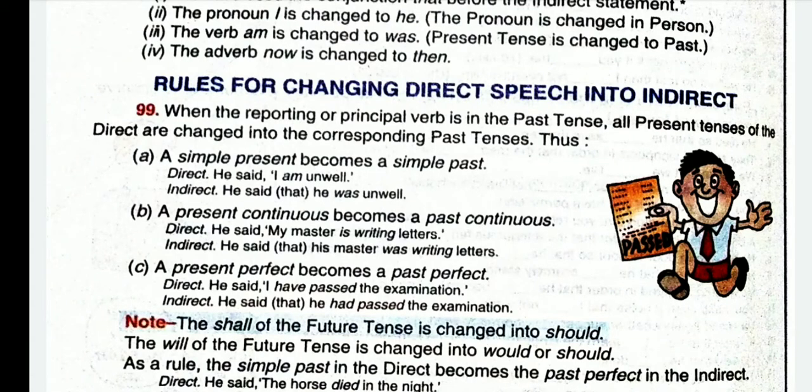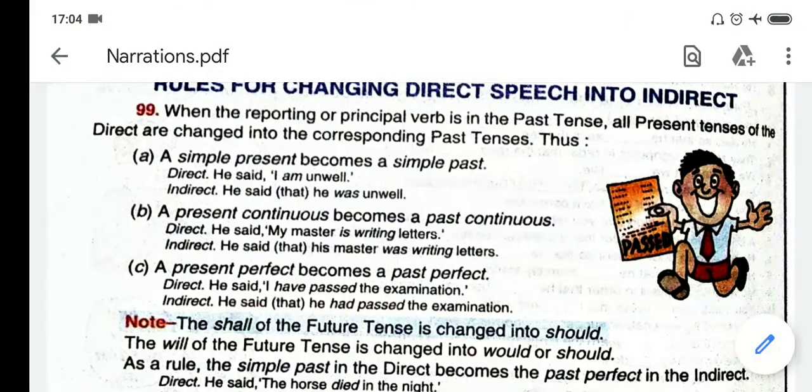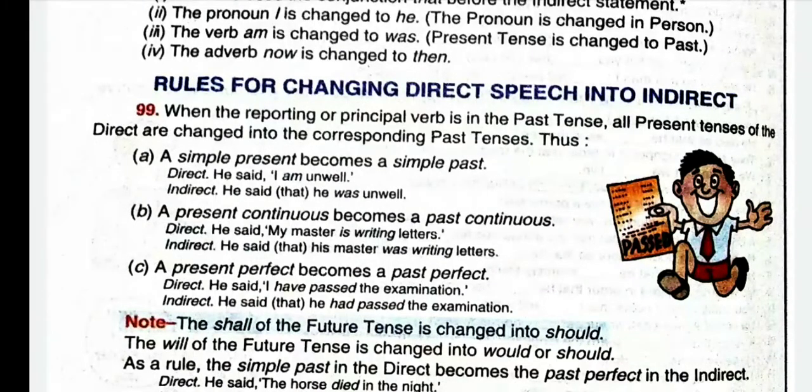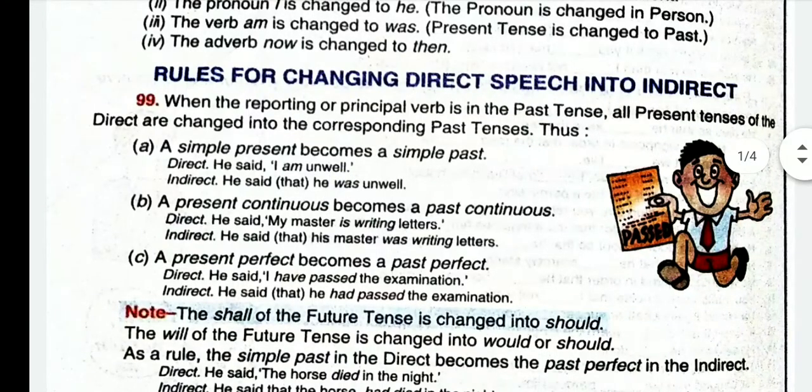How would we know that it is in the past tense? Like said, he said, it shows that it is in the past tense because the past form is being used. Said is a past form, second form of say. So since second form is used, the reporting speech is in the past tense. And whenever the reporting speech is in the past tense, we learned that these are the rules.